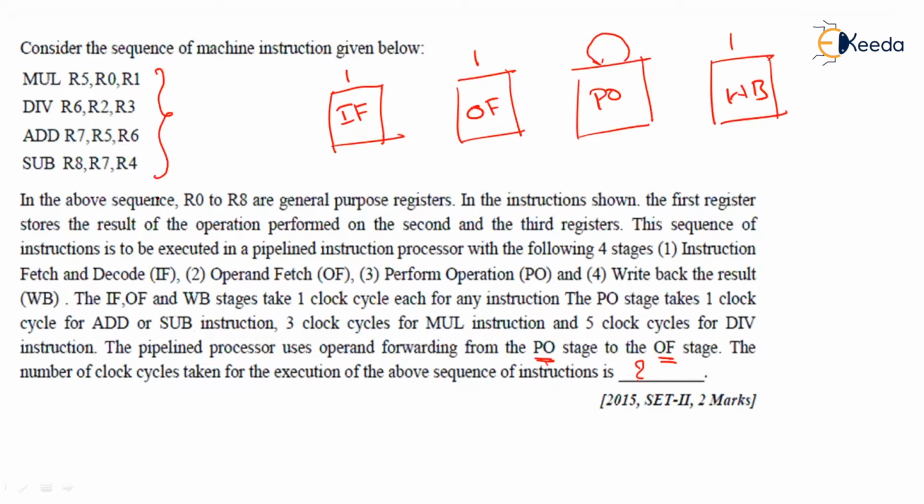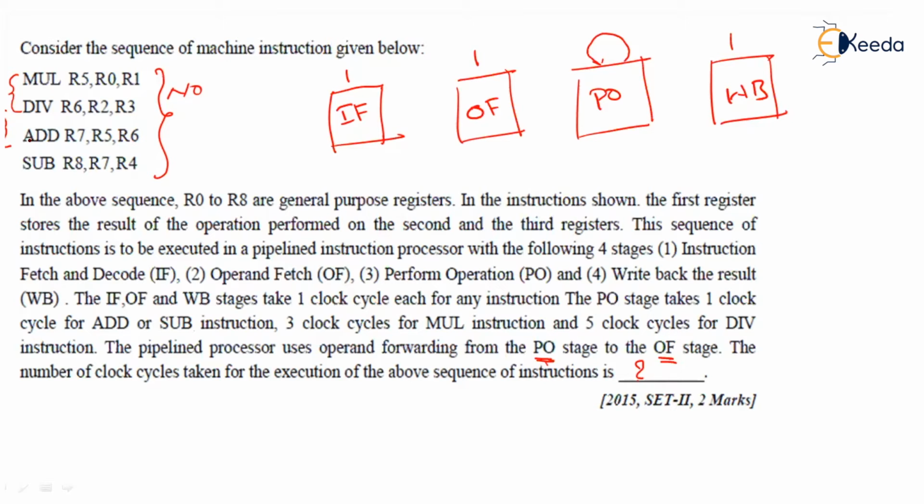Now see if there is any dependency between instructions before we go. Between these two, there is no dependency, because all the operands used are completely different. Between division and addition, I think there is a dependency. Yes, there is.